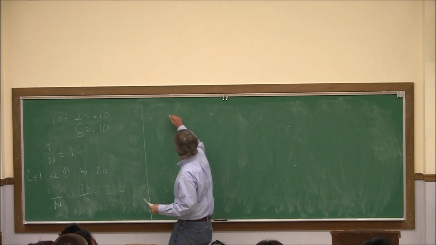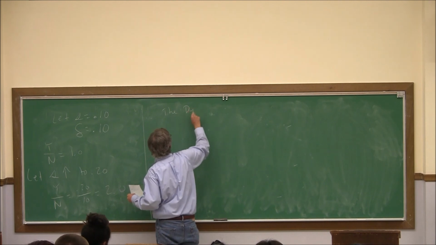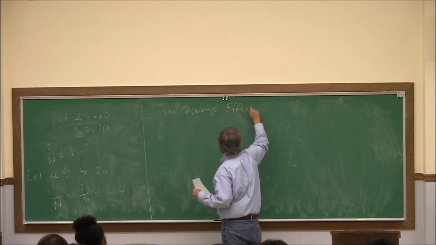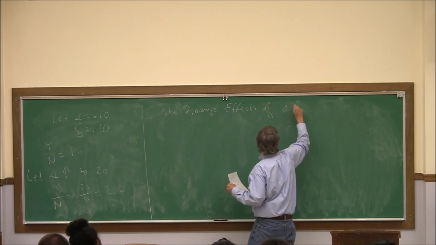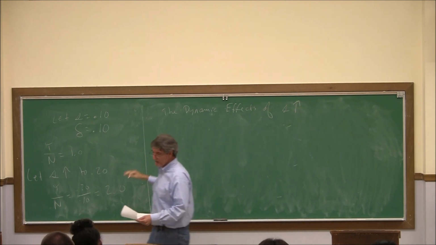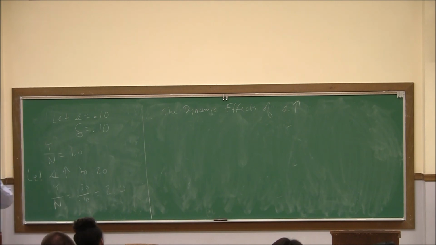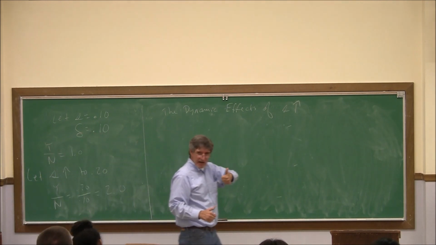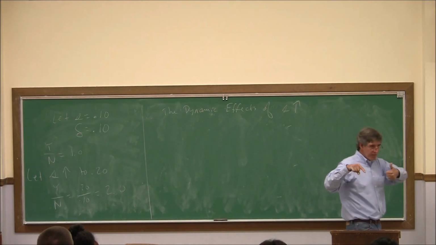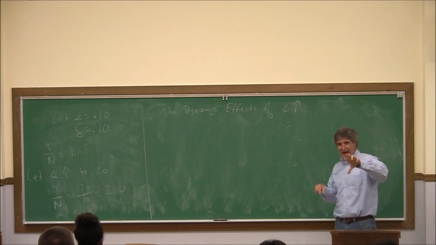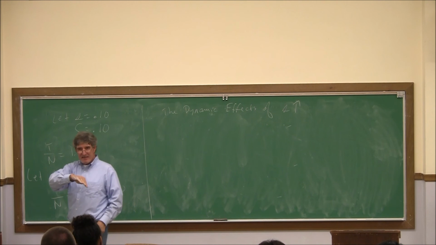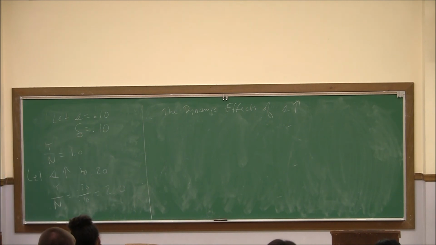So this is the section called the dynamic effects. We're going to draw a graph of what this model implies about y over n over time. So we're going to increase s and use our capital accumulation equation, which gives us k t plus 1 in terms of k t. We iterate and see what happens to k t plus 1 over time.